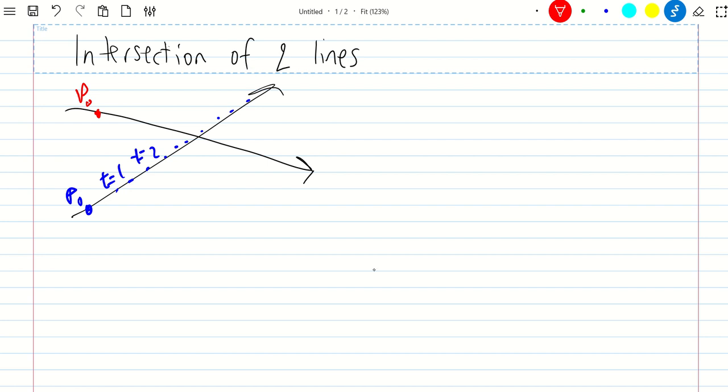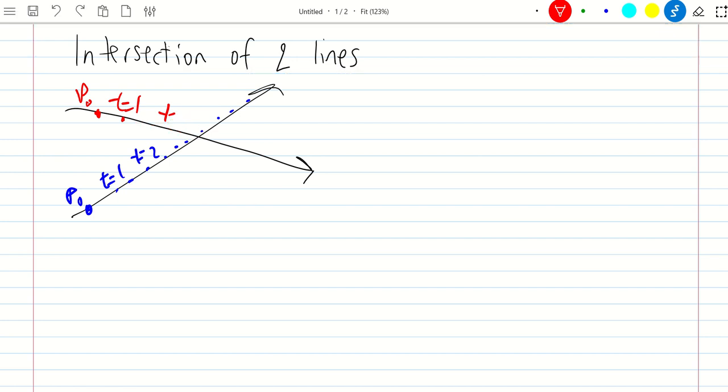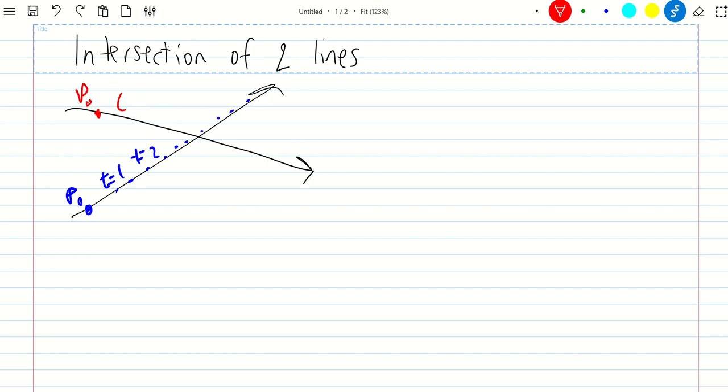If we call them t is equal to 1, t is equal to 2, if we try to find a common t, it won't necessarily give us a solution because they're not necessarily going to cross with the same value of t. So instead of calling it t, we'll give it another parameter so that we can keep track of where it's going.